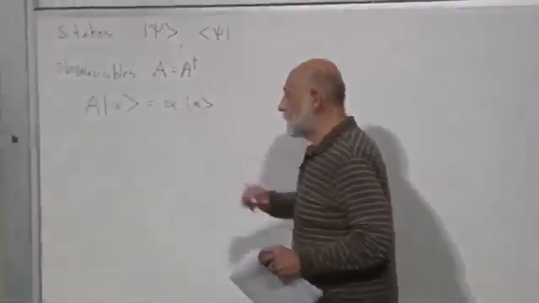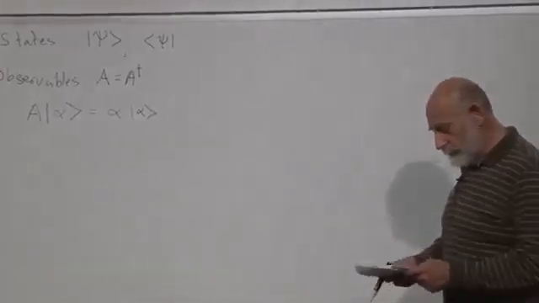The eigenvectors are the state vectors of the system for which, if you make a measurement, the answer is definite, not statistical, determined, deterministic, and the answer to the measurement is alpha. Okay, so I assume you all remember this. I'm doing this mostly to just refresh your memory.